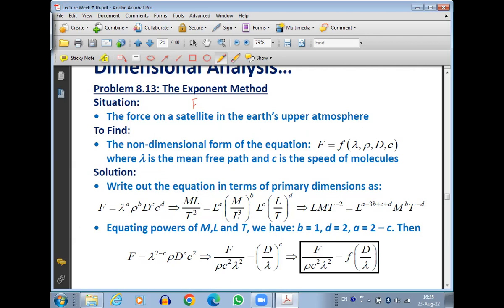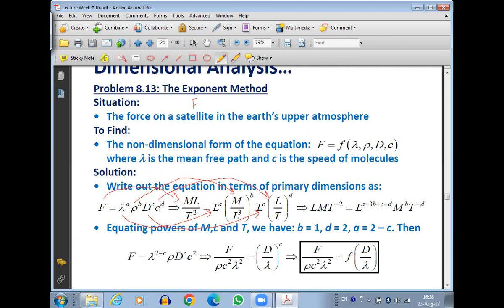F is M L by T squared. Lambda will be L. Rho will be M by L cubed. D will again be L, and C will be L by T. So M L by T squared will be equal to L to the power A, M over L cubed to the power B, L to the power C, L by T to the power D.